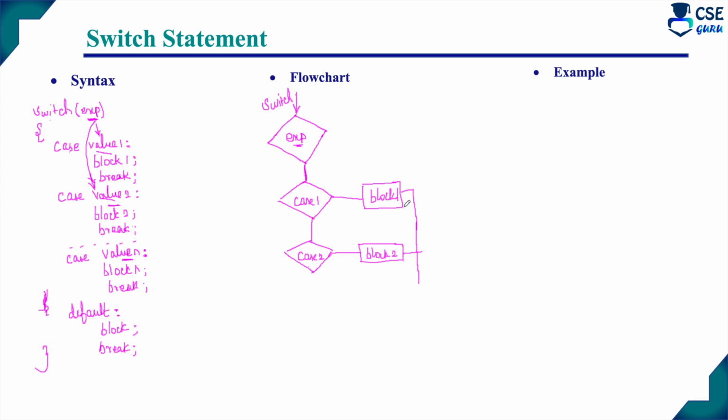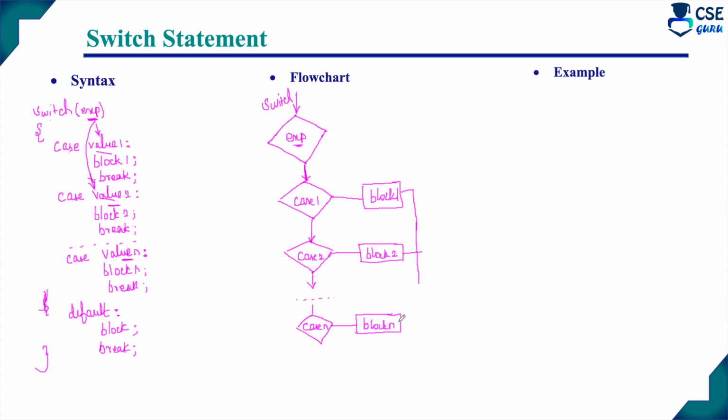So here everywhere we have specified break. In each case statement, we have specified a break statement. Likewise, many case alternatives will be there, up to case n. If it matches with case n, the corresponding block of statements, block n, will execute.